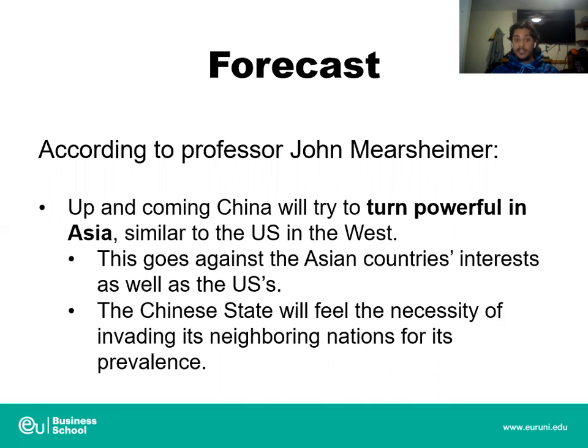And in order to assert dominance in Asia, they will try to invade neighbor countries and show dominance, similarly to how the US showed dominance in the West. Surely this is not in the interest of the United States, of Russia, or of Japan. And from a realist point of view, this is unavoidable. This is a conflict that has to happen to some extent.